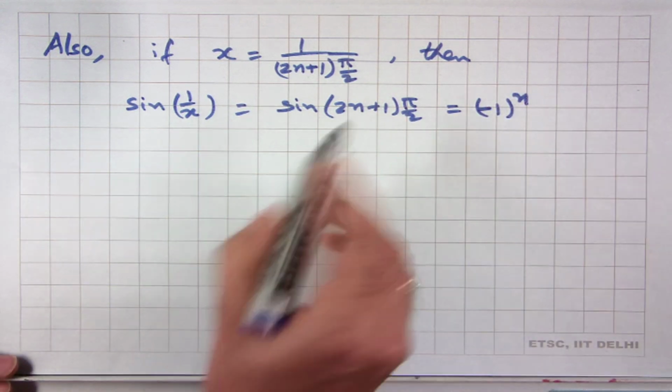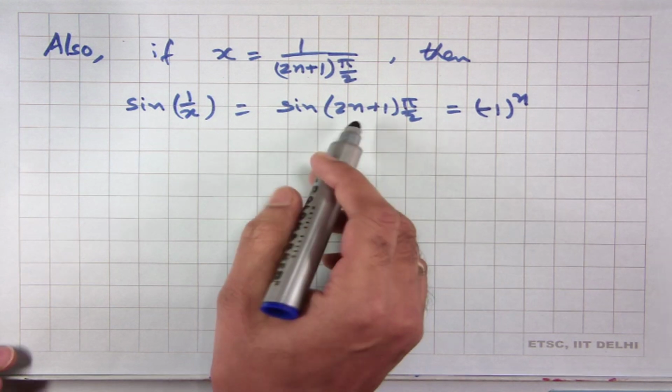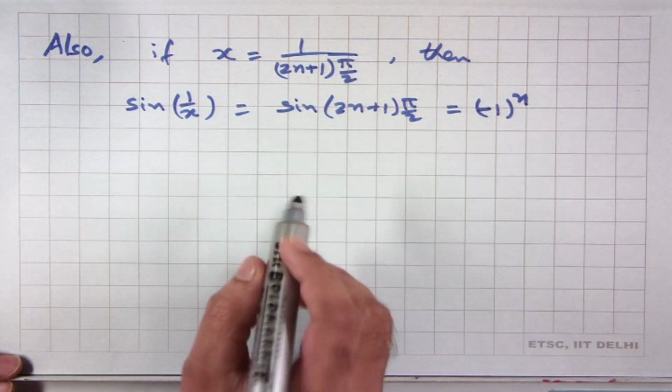So, if n is even we get 1, if n is odd then we get minus 1.